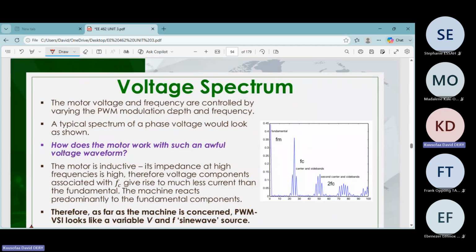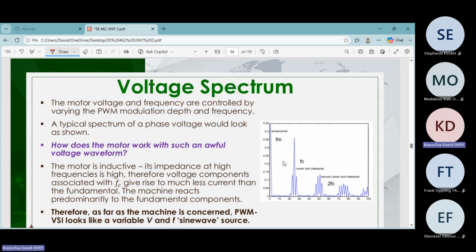The motor voltage and frequency are controlled by varying the PWM modulation depth and frequency. That is how we are able to vary it. When you vary the modulation depth, you are varying the voltage, and you can also vary the frequency. The typical spectrum of the phase voltage will look like the one shown here.